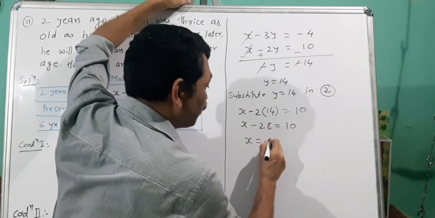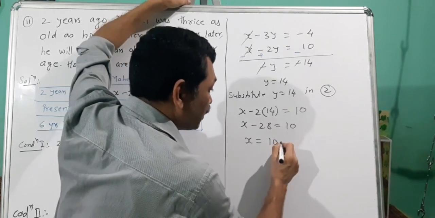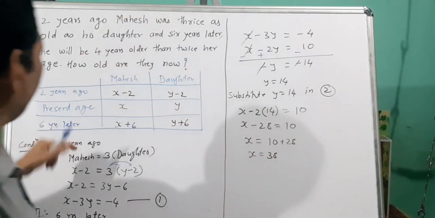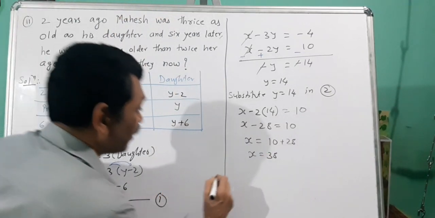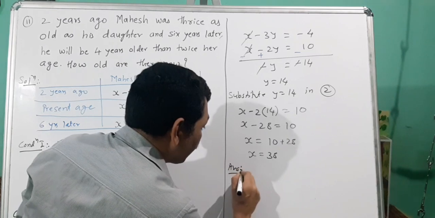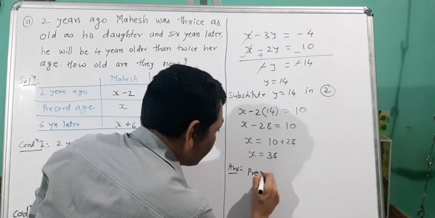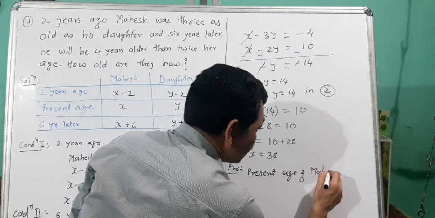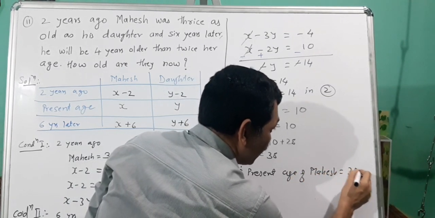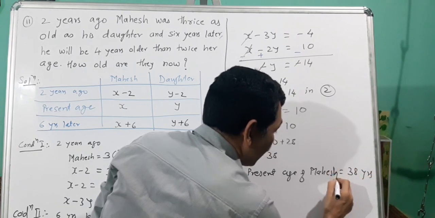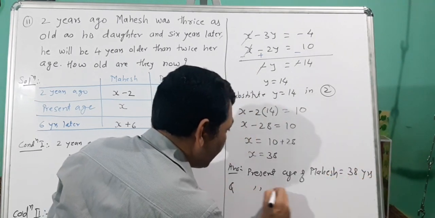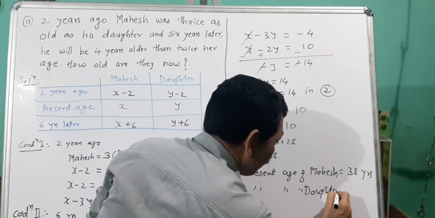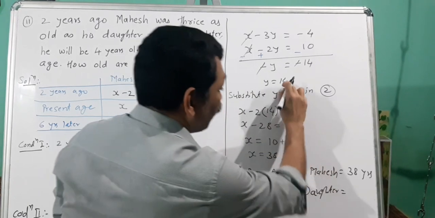This minus 28 goes as plus 28, and therefore x is equal to 38. X is Mahesh's present age. Therefore the answer: present age of Mahesh is equal to 38 years and present age of daughter is equal to 14 years.